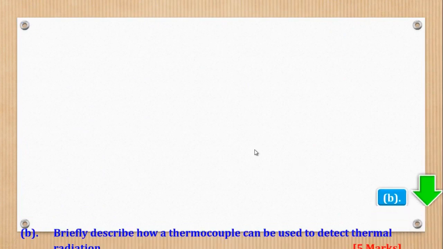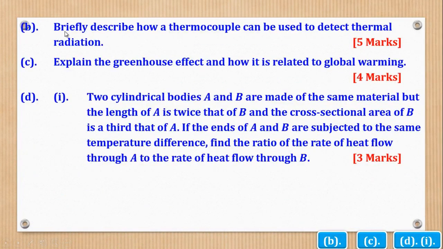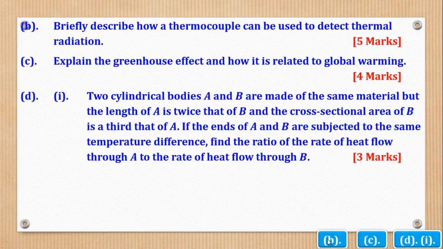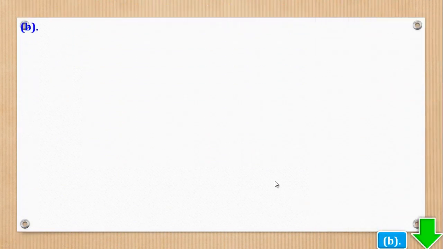So now we shall go to part B. Part B says, describe briefly how a thermocouple can be used to detect thermal radiation. So still this can be easily explained with the aid of a diagram.